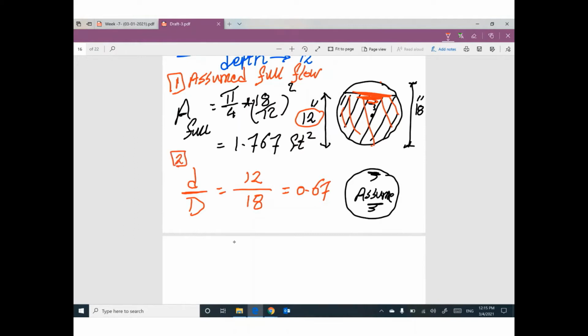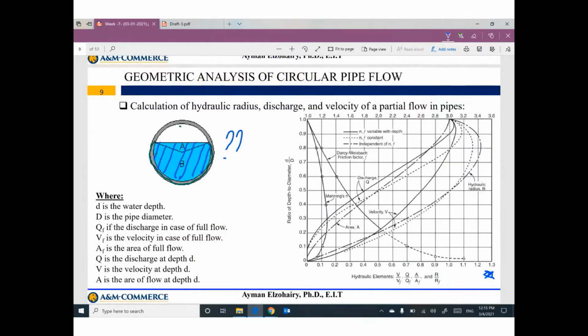Second step, I got the ratio between the water depth and the pipe diameter. The third step, this ratio 0.67, I will open this chart.